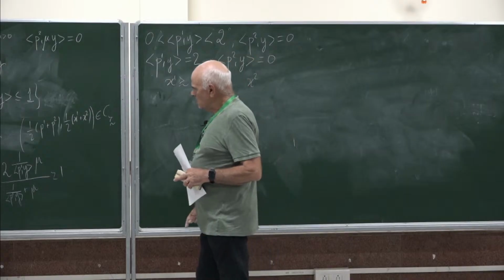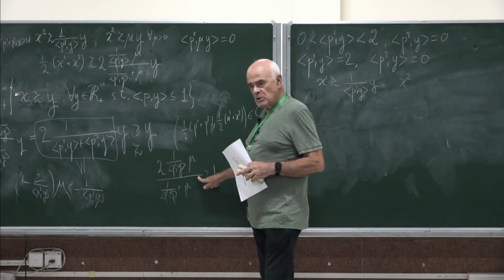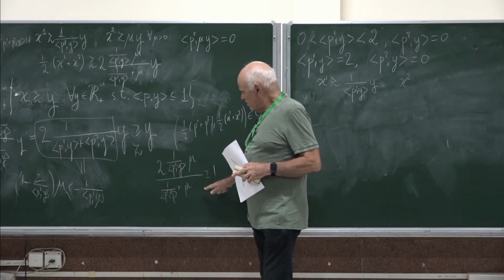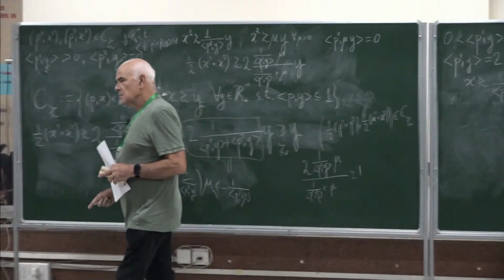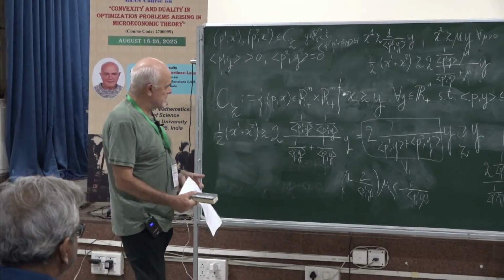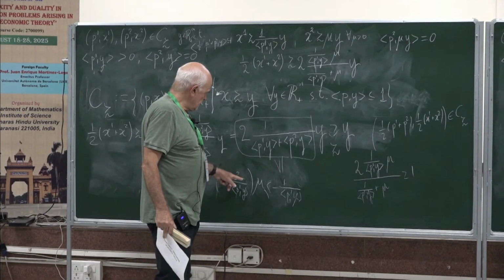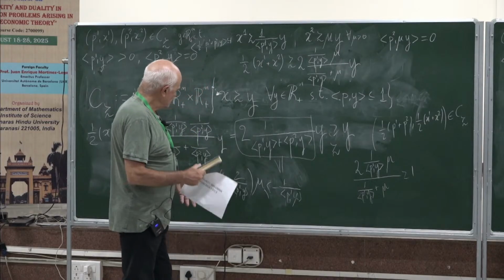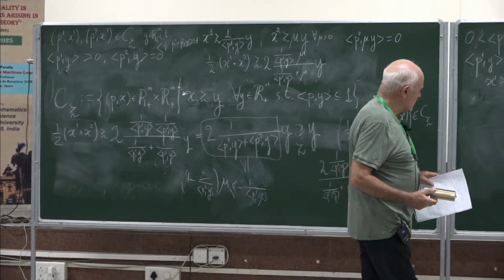So at this point, I wanted to use that the preorder is non-decreasing. But it didn't work in this case, as we saw, if the coefficient is non-positive, is zero, sorry.